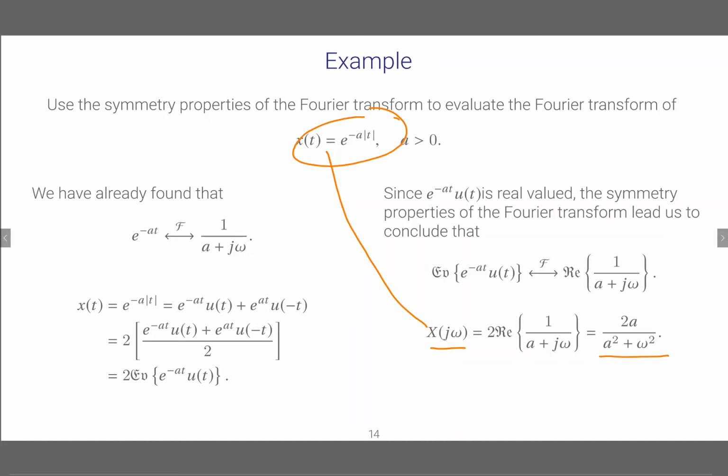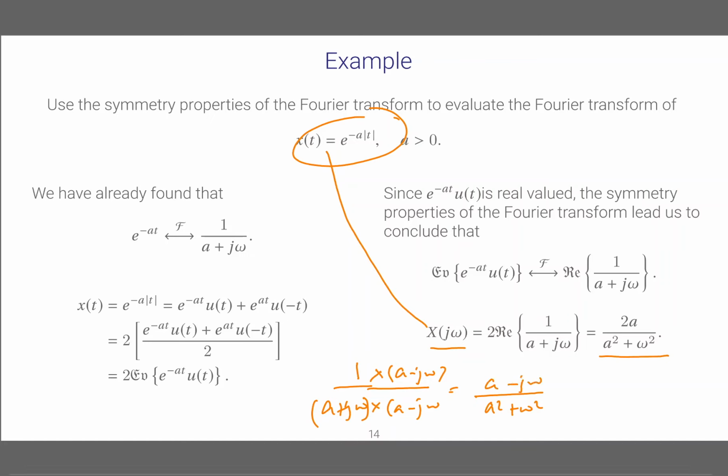So how do we get the real part of this one? For 1 over (a plus j omega), we can multiply the numerator and the denominator by a minus j omega, the complex conjugate. Then in the denominator you get a squared plus omega squared, and in the numerator you get a minus j omega.